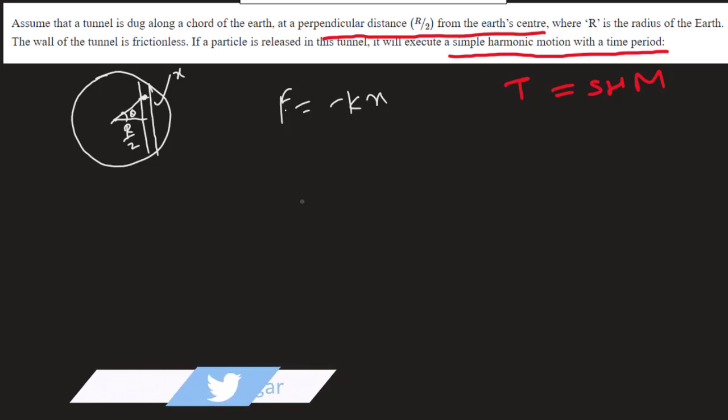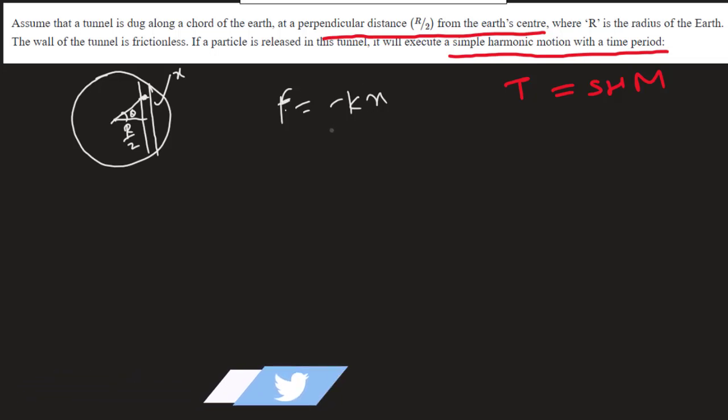So basically what we have to do is find this restoring force and then present it in this particular format, minus kx, where x is the displacement of the particle from the equilibrium position. So the equilibrium position of the particle is somewhere here at the center of the tunnel.